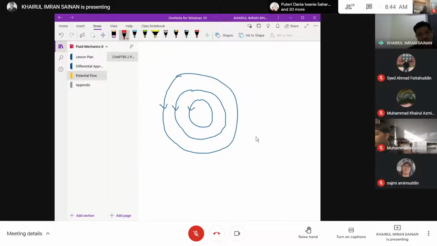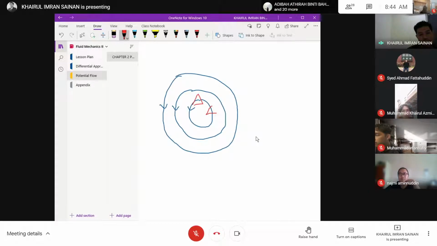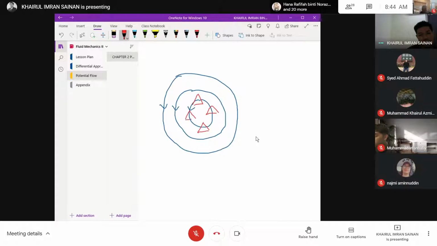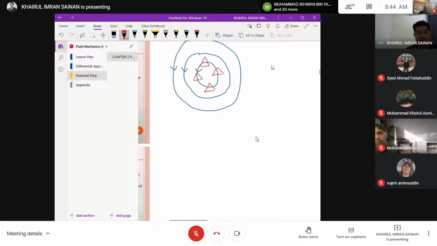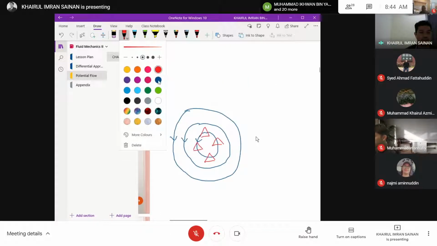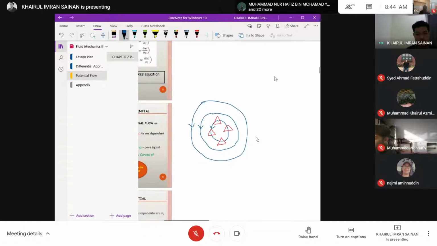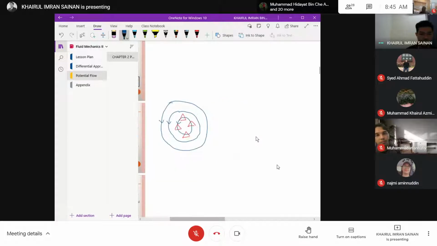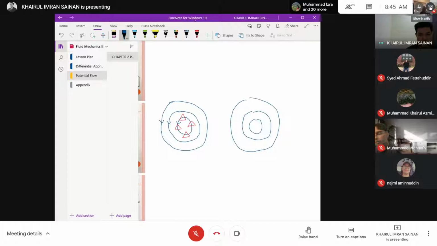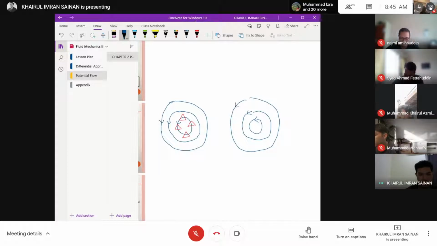Here I draw an element on the fluid path line. Now I go to figure number 2. Same, it still rotates counterclockwise.